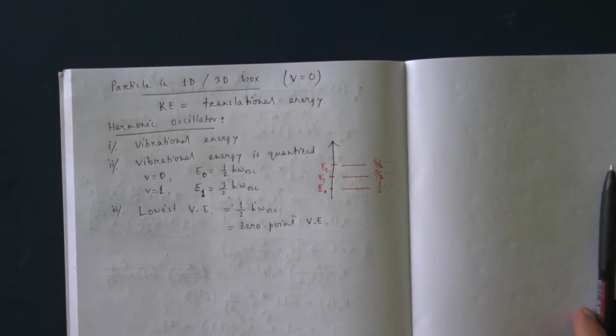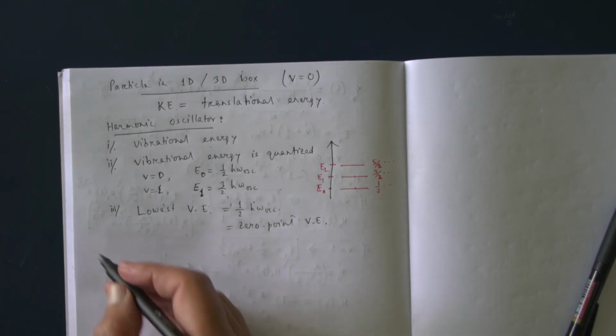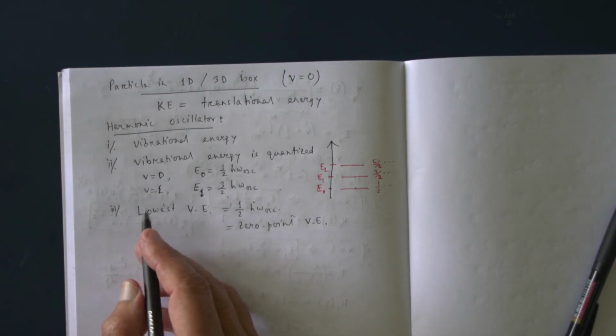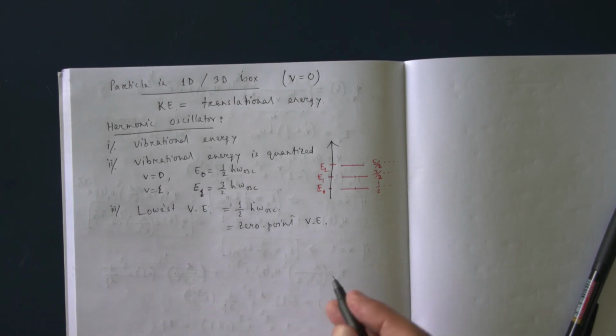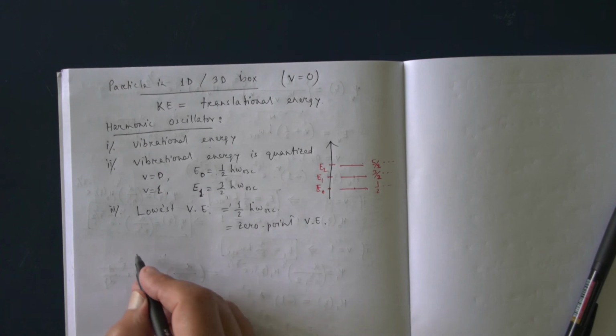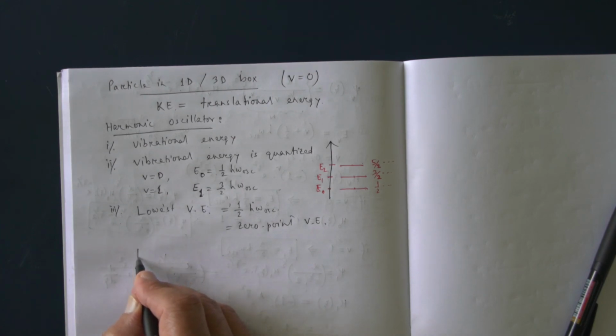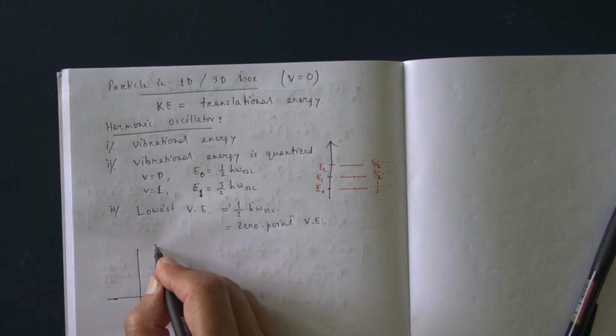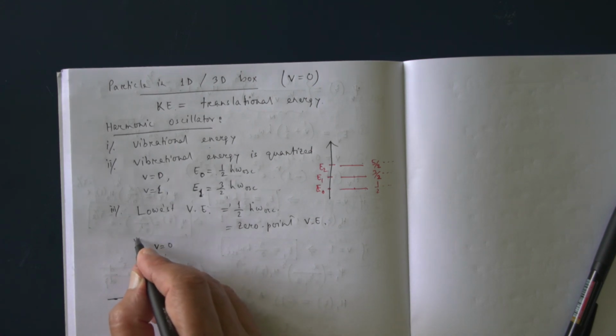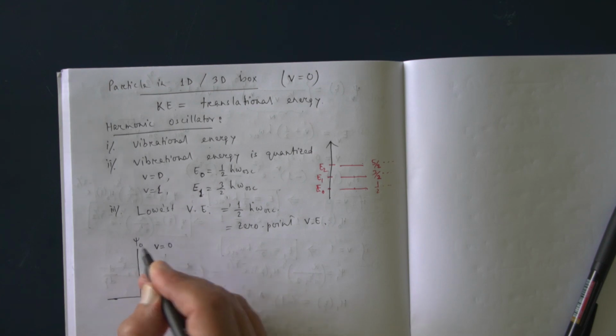So this is the information we get from the energy expression. But to get information from the wave function, we have to plot the wave function. As before, if we plot the wave function, say when v equal to 0, we get psi 0.